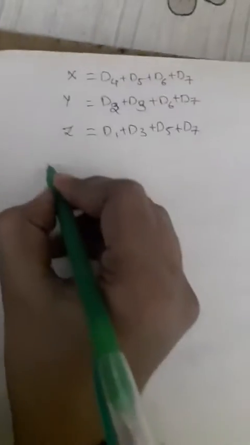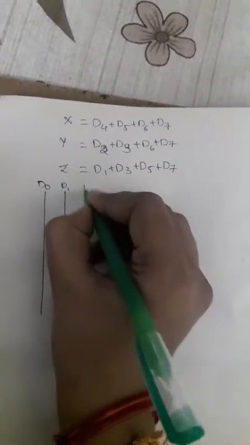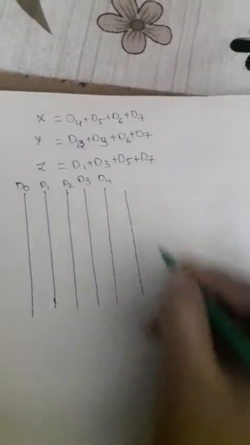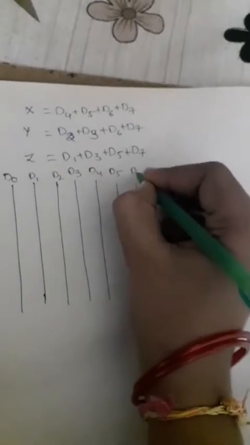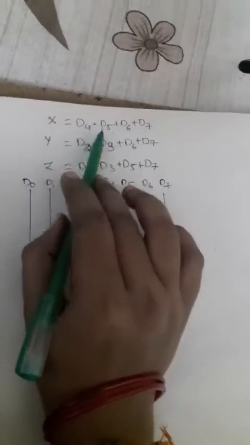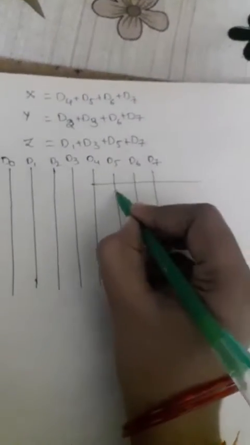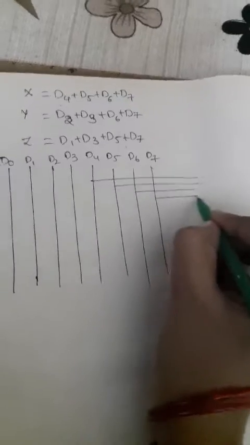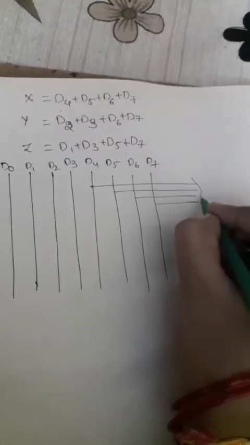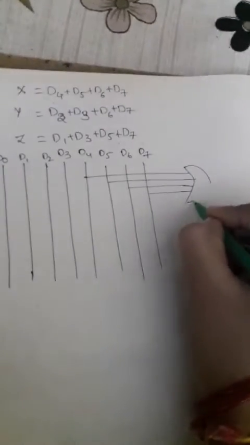Now draw the logic diagram. After getting these expressions, we need to draw the logic diagram with inputs D0, D1, D2, D3, D4, D5, D6, D7. The first one, X, is D4, D5, D6, D7. In between each term the operator is addition, so these 4 are added with an OR gate.